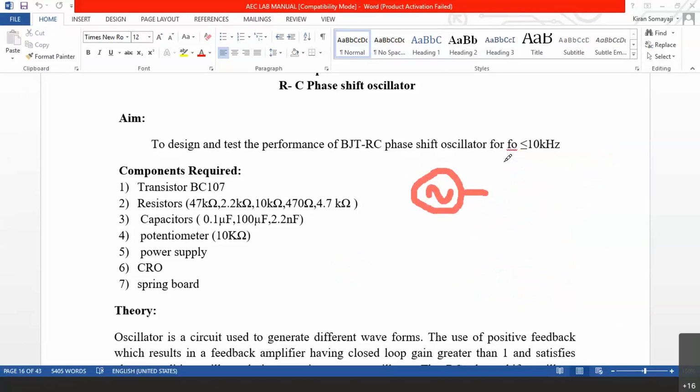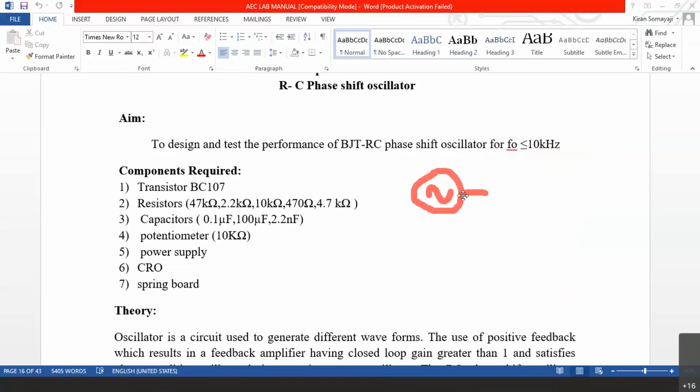But right now I told amplifier with positive feedback is an oscillator, and the feedback circuit will have phase shift also. So when the feedback signal and the input signal are in phase, gradually it will get amplified. After some time, even if you remove the input, the feedback signal itself will work like input. That's what I told. But now I am telling that oscillator will not have an input signal at all.